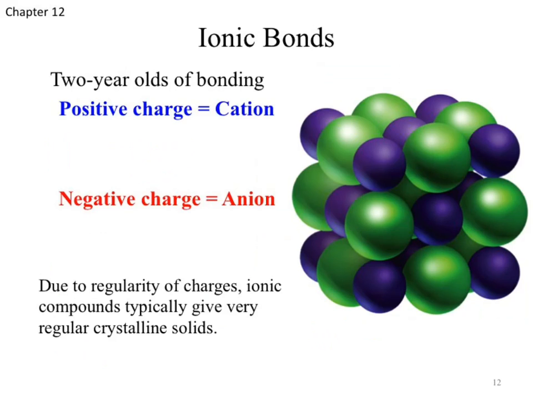Okay? When we looked at our ionic bonds, our classic example for a metal and a nonmetal would be sodium chloride. If we look at the difference in electronegativity between sodium and chlorine, it's huge. So what ends up happening? Sodium picks up a positive charge, loses its electrons to the chlorine, and chloride gets that negative charge.